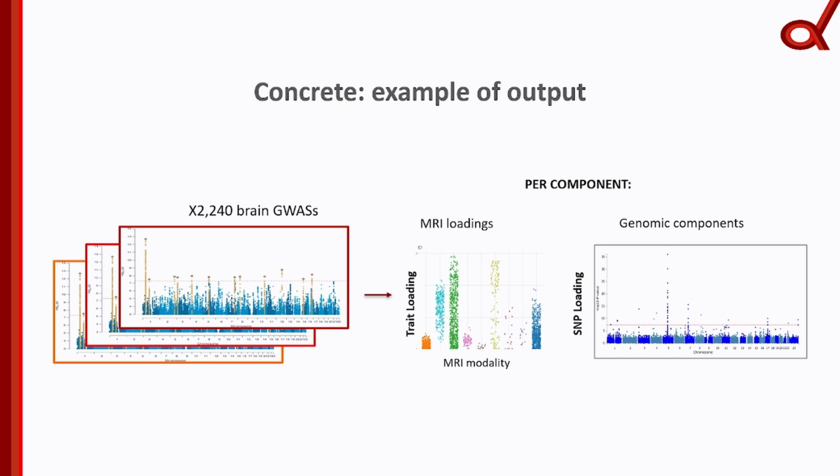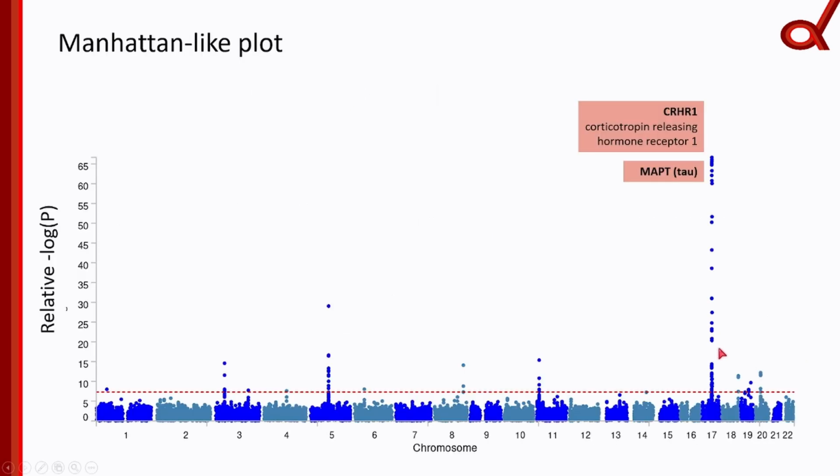So to make this more concrete, I will show you the example of one output of one component. We now have derived 16 independent genomic components. I will start showing the genomic dimension of this. And here you see one of the components. It's not the only one that is interesting, but it's component 2. And we see here what is typically shown in a Manhattan plot, what is typically used in genomics.